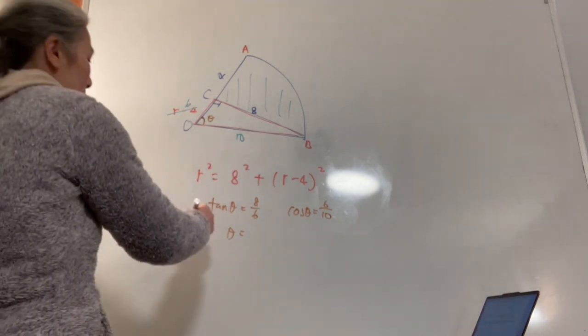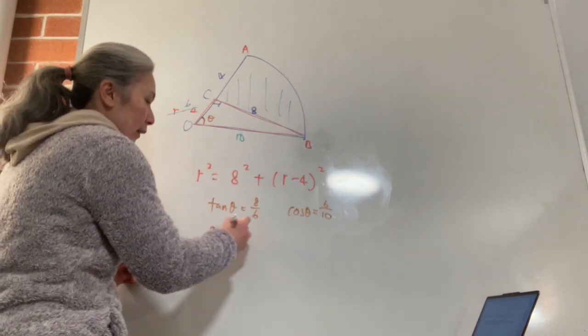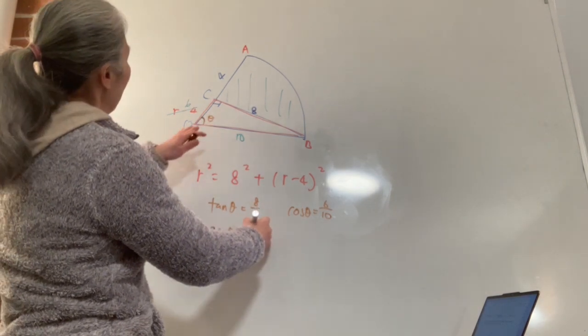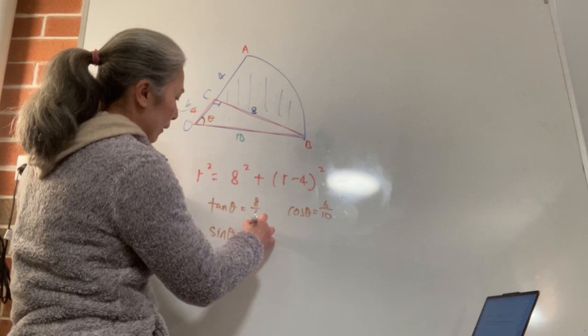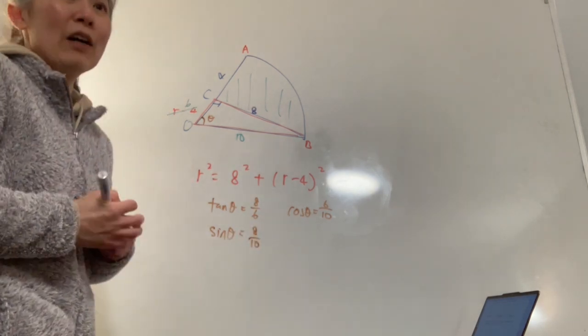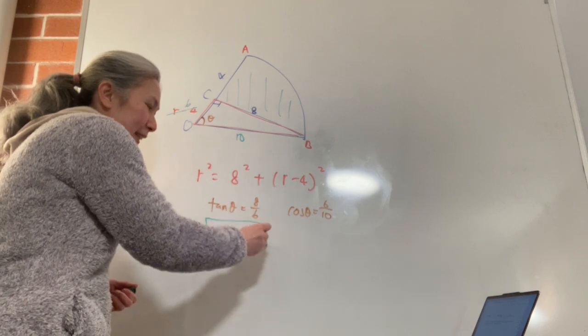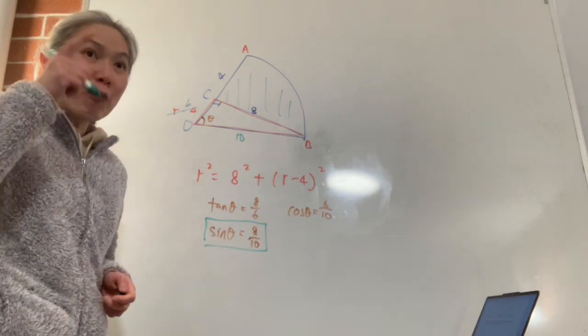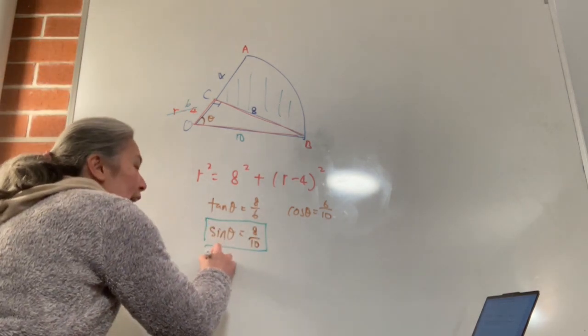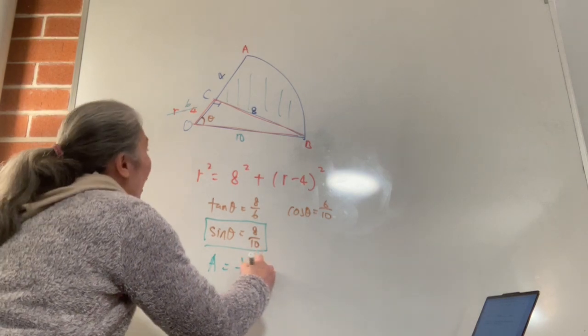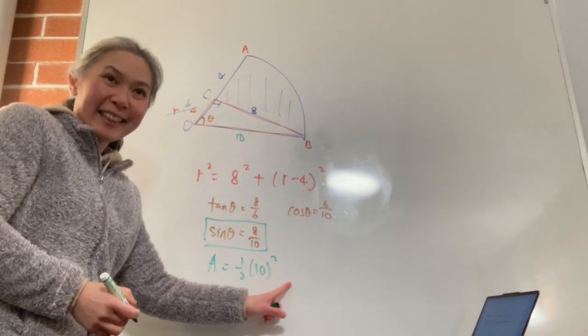Okay, so if you use sine theta, sine theta will be 8 on 10. If you want to have less work, this is the one that you are using. Why is that? Because the formula you are using is area equals a half R squared sine theta, right?